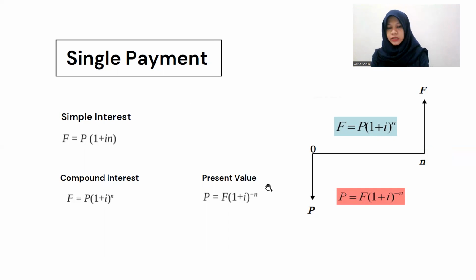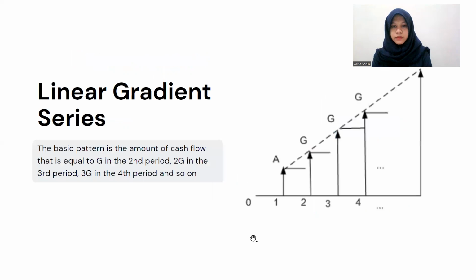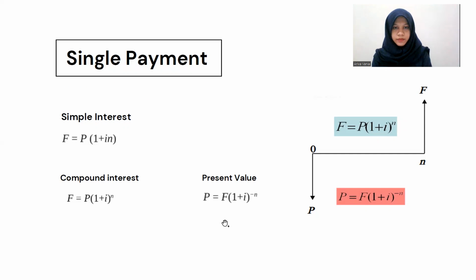For present value, it is like compound interest, but with one over the F/P factor, so it is equal to a formulation like this.